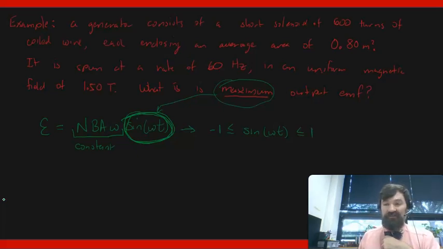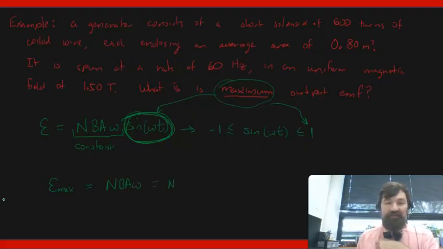That's just how sines and cosines work. They have a minimum value of -1 and a maximum value of +1. That's true for any real argument. Okay, so if we're looking for a maximum value, the maximum happens when sine omega t equals 1. So my maximum induced EMF must be N times B times A times omega.